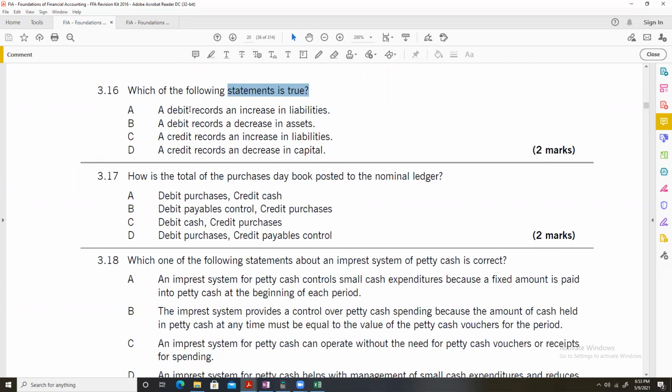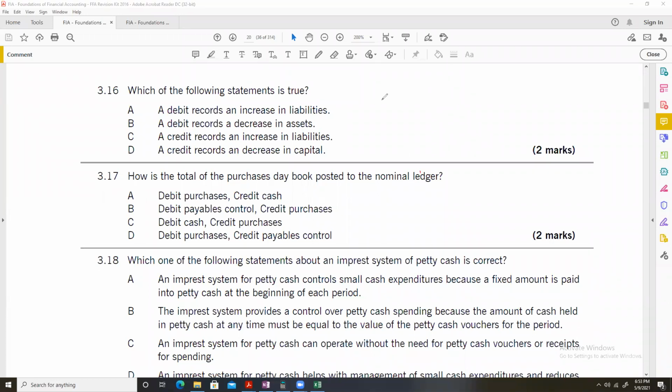Now, which of the following statements is true? A debit records an increase in liabilities. While answering these questions, all you need to do is recall the rules of debit and credit.